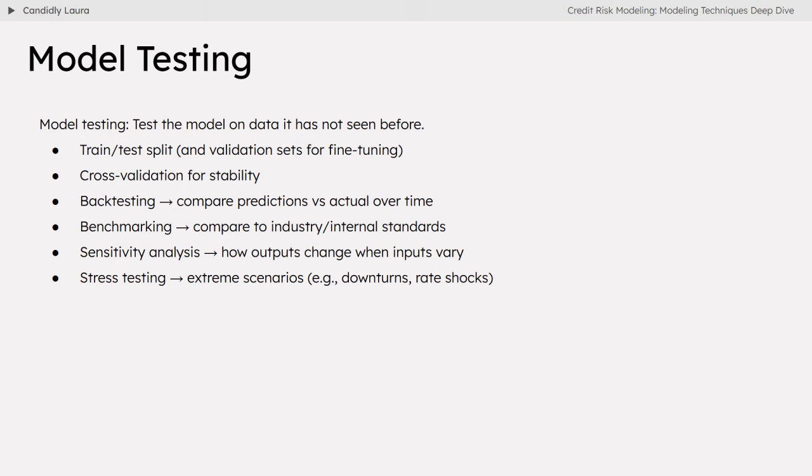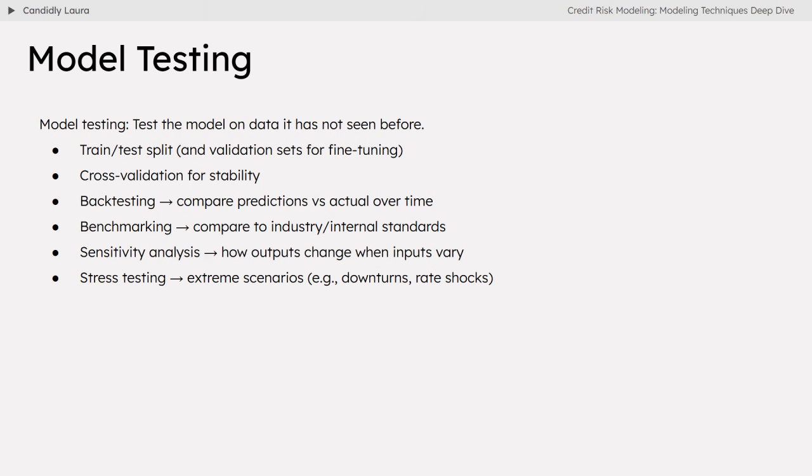In some cases, we'll use cross-validation, where the data is split into multiple subsets and the model is trained and tested several times to ensure stable performance. Besides performance metrics, we also run tests such as backtesting, which is looking at the model's predictions versus the actual values through time. Benchmarking, which is comparing our model's performance against a benchmark model that could be an industry standard or another internally developed model.